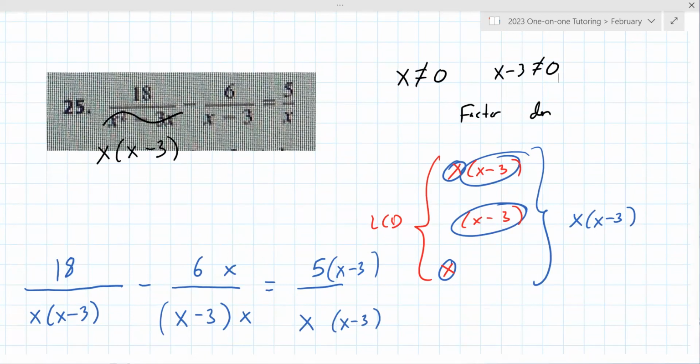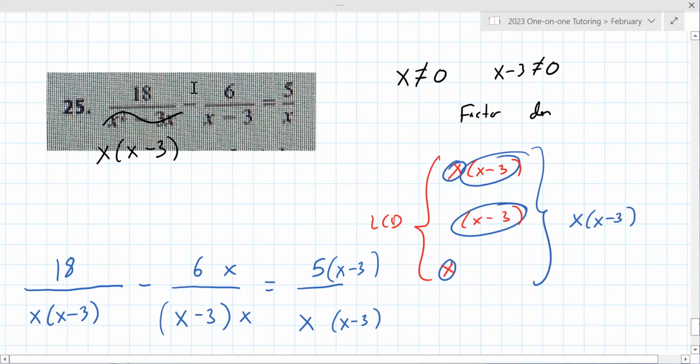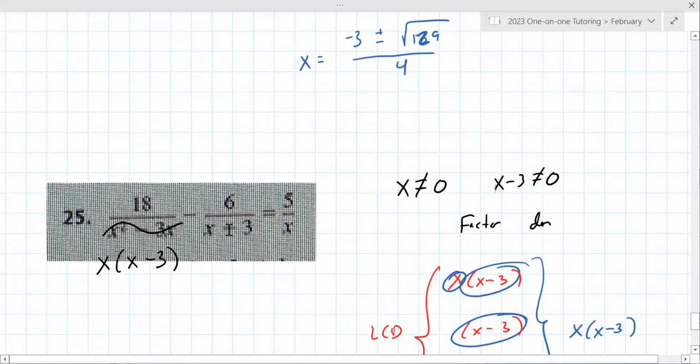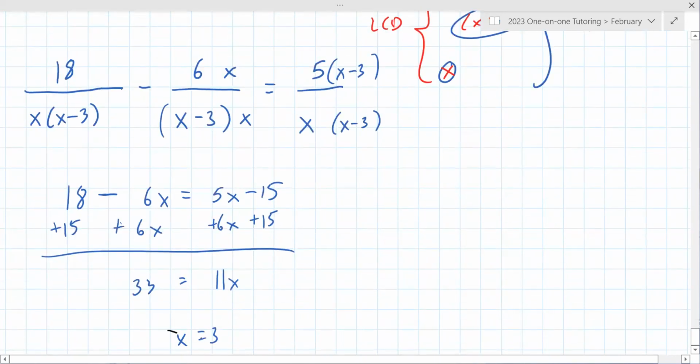Because when you get x equals 3, what happens when you put it into this one right here? 3 minus 3 is just going to be 0. And you can't. That's why you really should exclude things from the beginning. That way you know, oh, this actually has no solution.